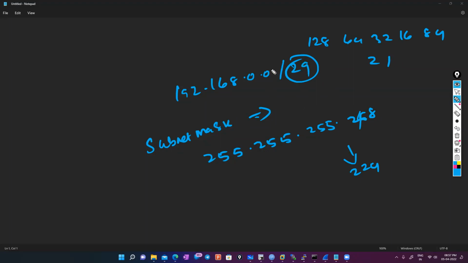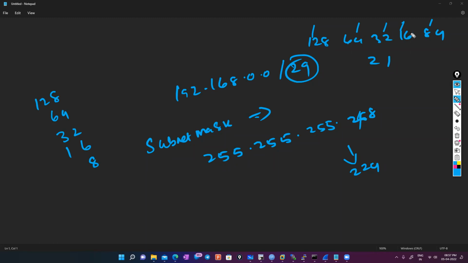See, 24 bits are already occupied. We should ignore that. So 24 plus how many bits have we borrowed now? It is 29: 24, 25, 26, 27, 28, 29. Right? You said the subnet mask is 224. So it's 128 plus 64 plus 32, 16, and then 8, right?